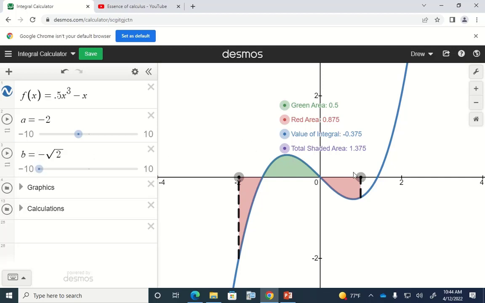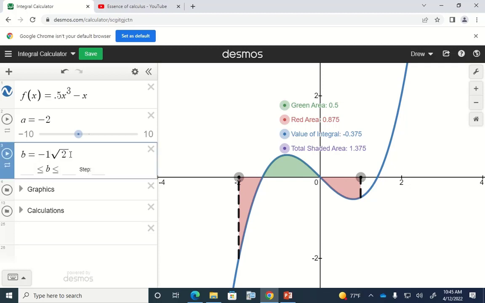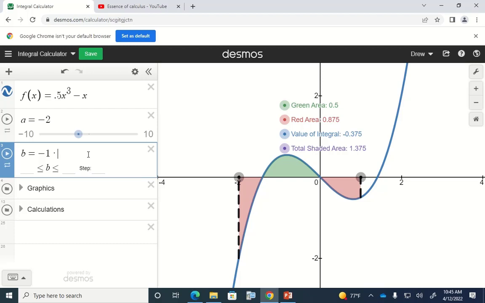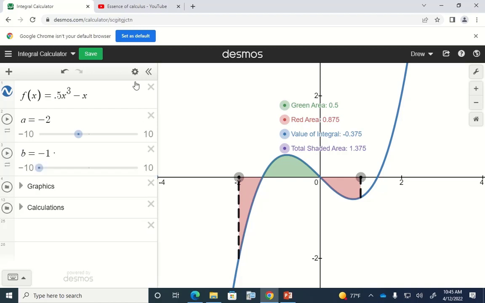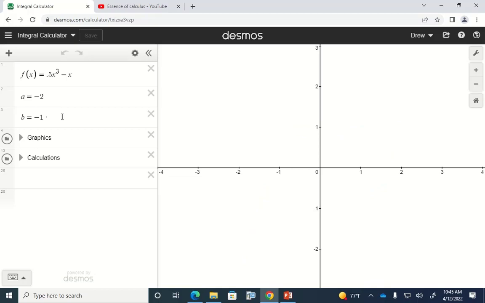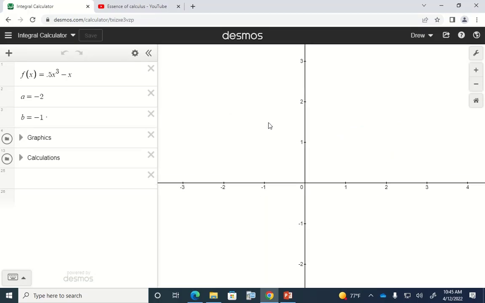Huh. That's really weird. I feel like that's not working. Hold on. It's just not updating my little graph. Let me try this again. Desmos is like broken completely right now.